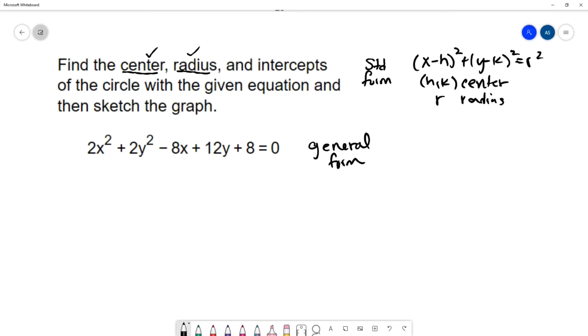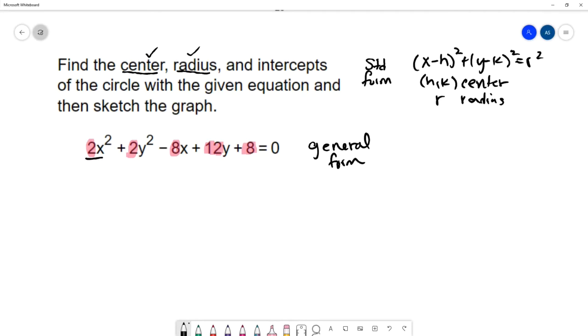To work towards standard form, first I'm going to notice these coefficients on the squares. I want to get rid of those, and luckily all of the numbers that we have in this example are even numbers, so they're all divisible by 2.